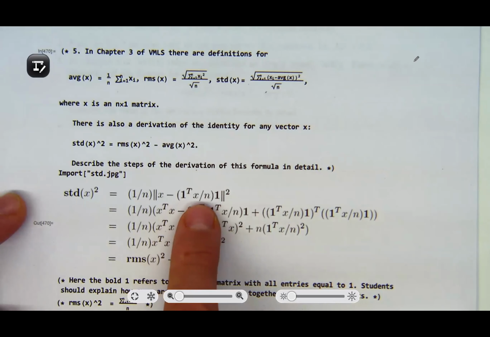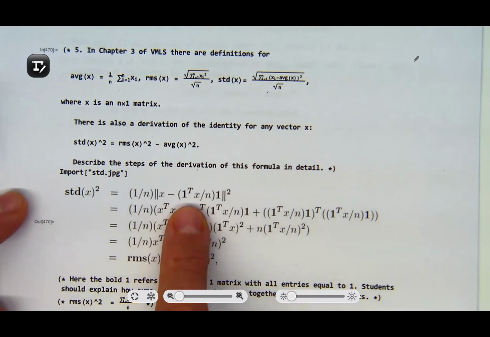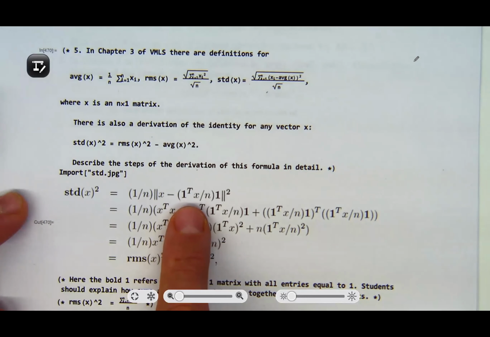And as we know, x is a column vector, so an n by 1 matrix. So this product, 1 transpose x, is a sum, isn't it? It's the sum of the entries of x. It just adds up the entries of x. That's a scalar, and then it gets divided by n.